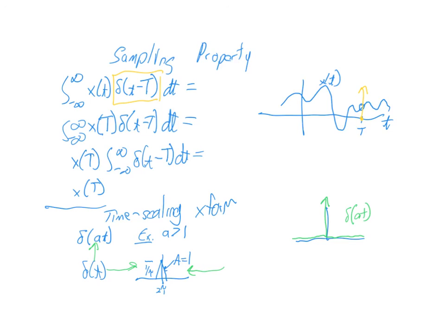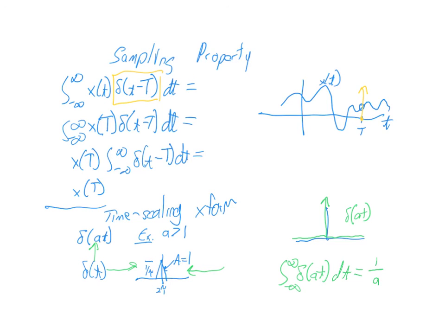So if I want to know what the area of this is, if I have the delta of a t, and I'm going to write negative infinity to infinity, we assume that we're integrating over the entire real line if we don't show the limits often in signals, but I'll put the explicit limits there. And we integrate this over all variables t. What we've done is we've compressed the area.